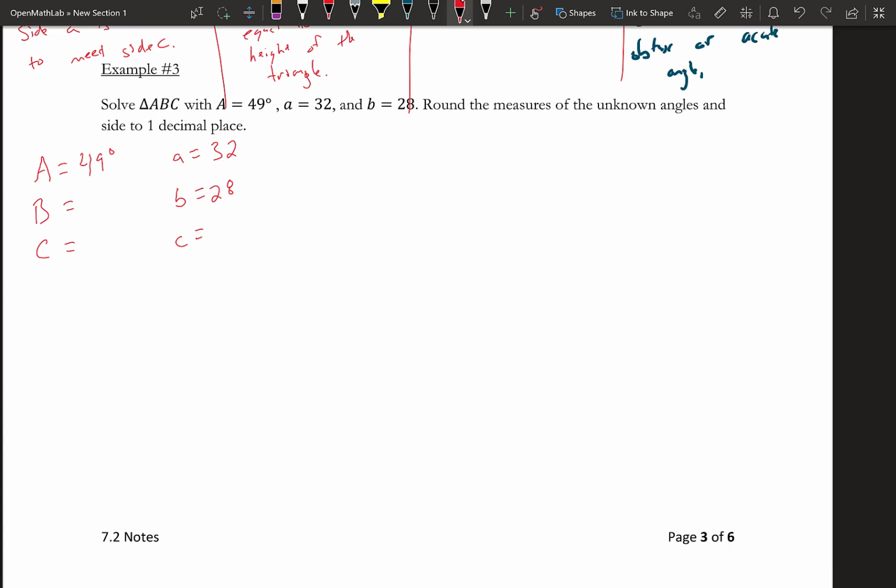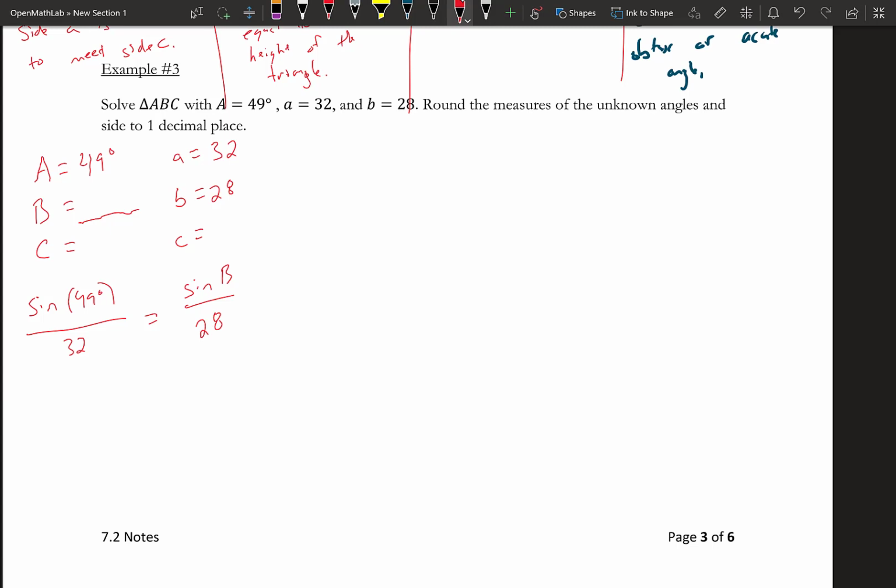So, probably the easiest place to start would be to find the measurement of angle B using the law of sines. So we could say, the sine of A, 49 degrees, divided by little a equals the sine of big B divided by little b, which is 28.